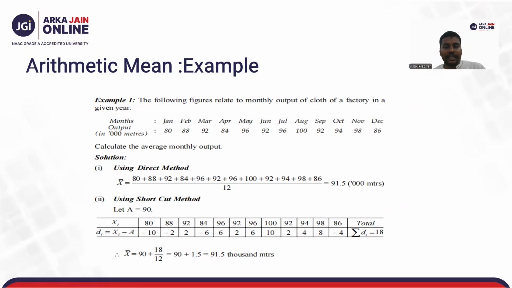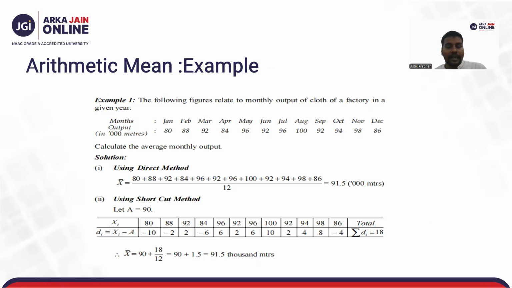As you can see in the slide, if xi is the different values, then the deviation di will be xi minus A. Likewise we find the deviations, and finally the total will be added up and it will give you the mean value, which in this case is 91.5.